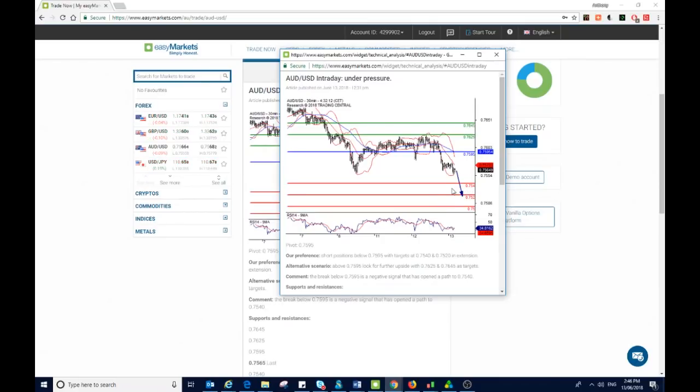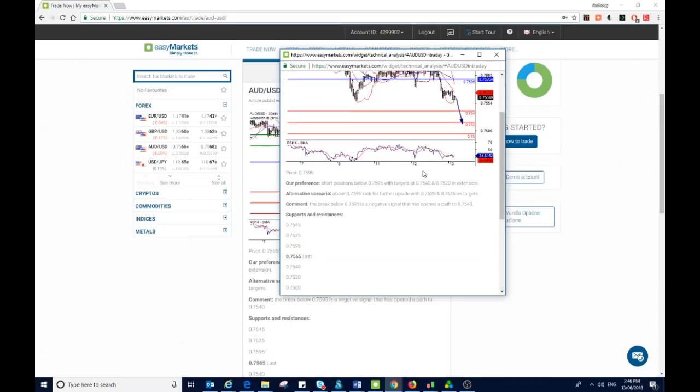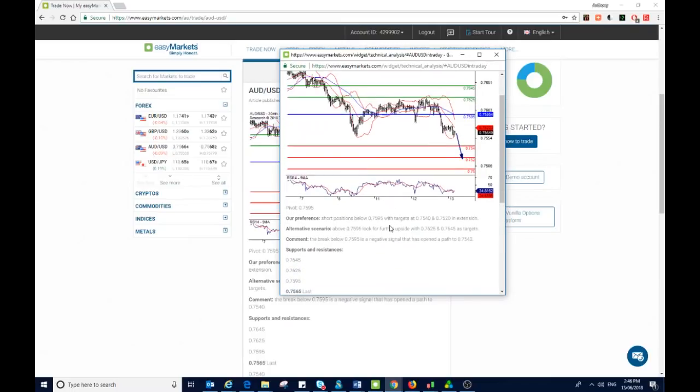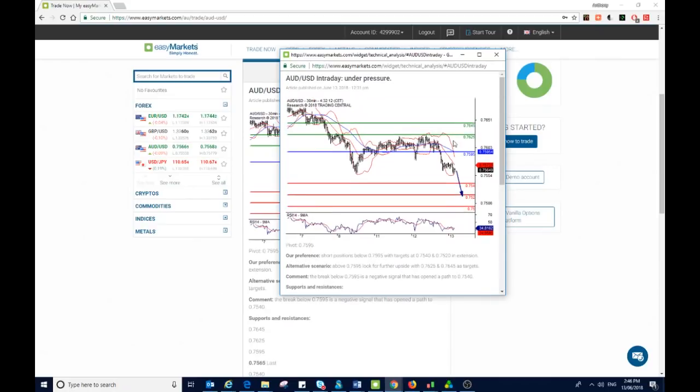So they're looking for a technical downside bias on the Australian dollar here. It has been under pressure, that is true, and they're looking for 74.50, 75.40 and 75.20 to be the targets, and their pivot point from which they remain bearish is 75.95. Above this, the alternative scenario above 75.95, you're looking for further upside with 76.25 and 76.45.